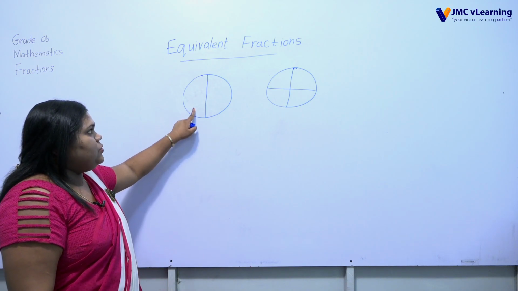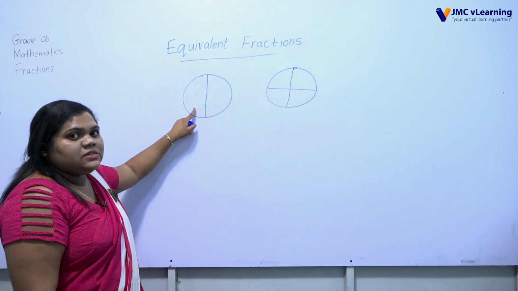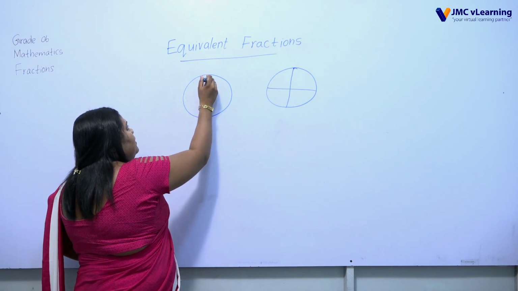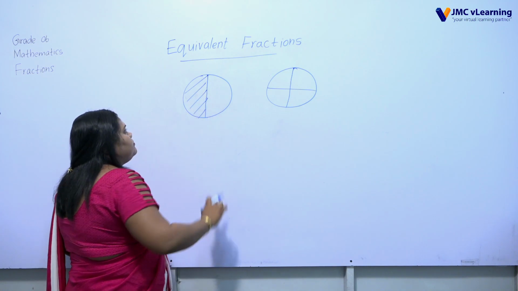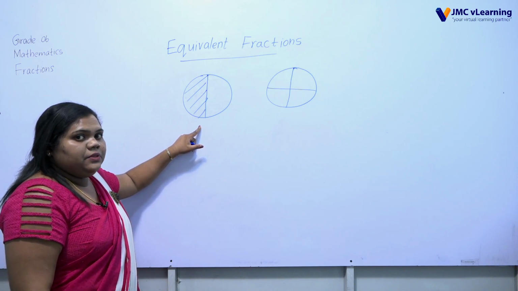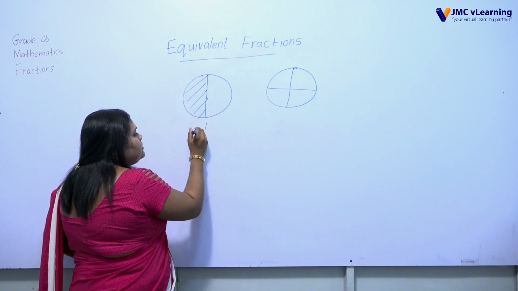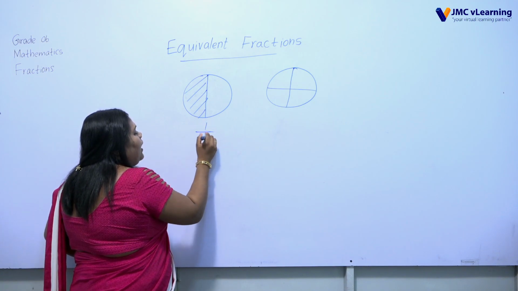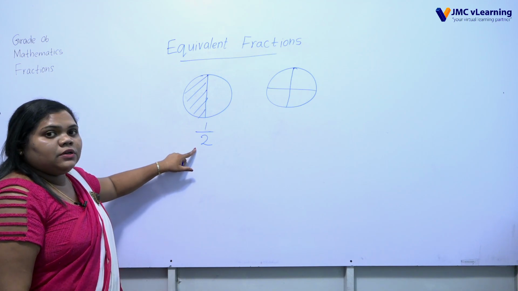Now I am going to color one part from this first circle. Are you clear? You also can do this one with me. So I can write this one as 1/2, or 1 out of 2.